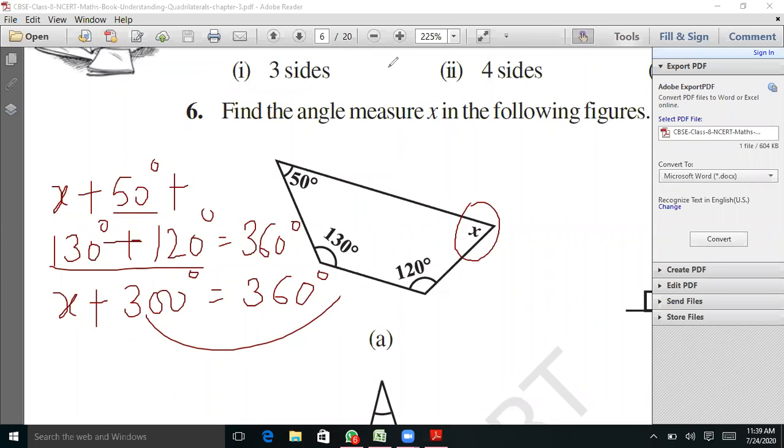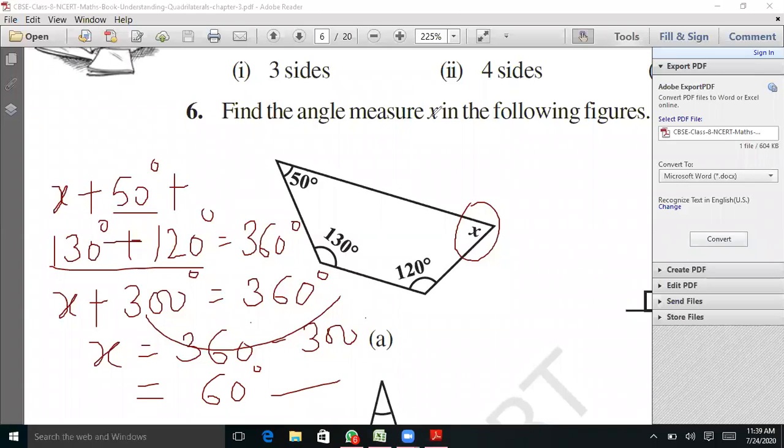If you subtract from the other side, you will get x is equal to 360 degrees minus 300 degrees, which is equal to 60 degrees. So this is our answer, 60 degrees.